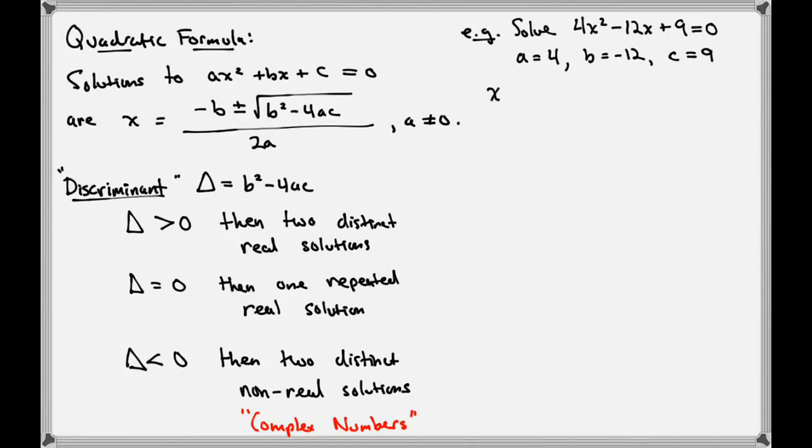And the solutions will be x equal to the opposite of b, so that's 12, plus or minus square root. I'll square b, it'll become positive 144, minus 4 times a, which is 4, times c, which is 9. And I divide that all by 2 times a, so 2 times 4.